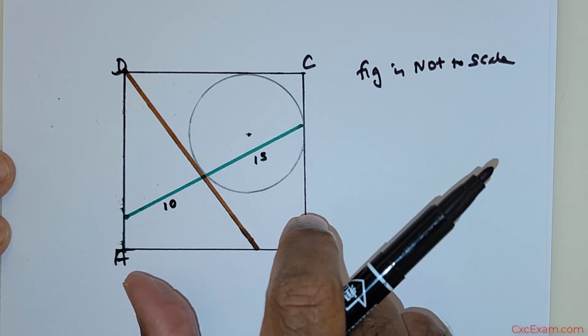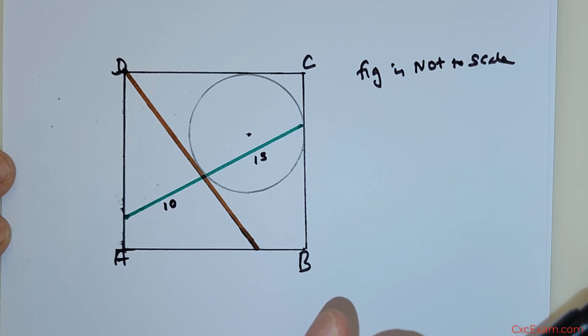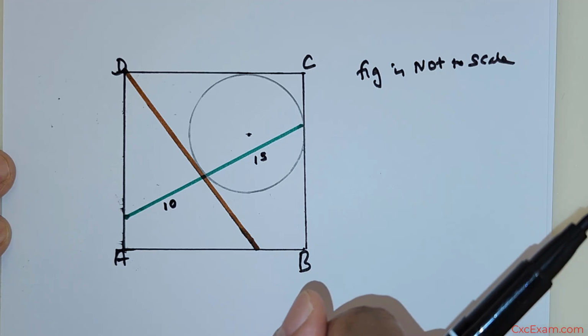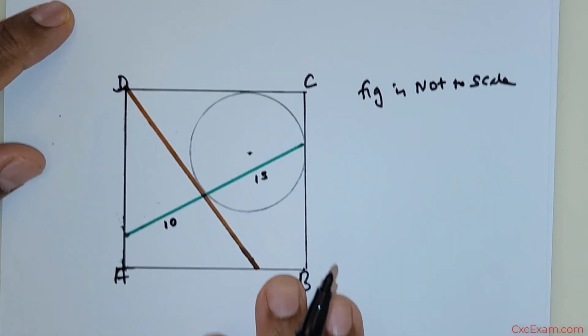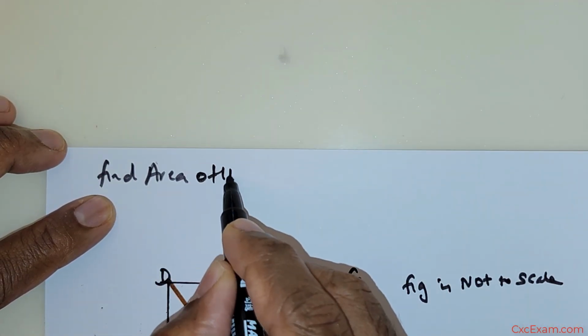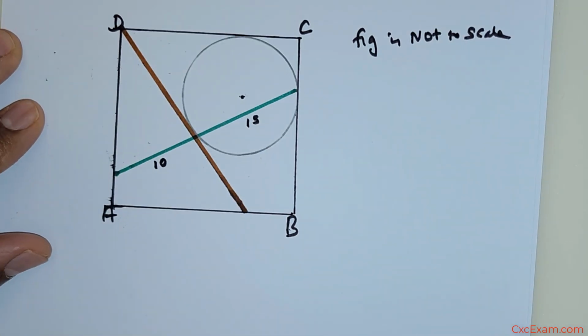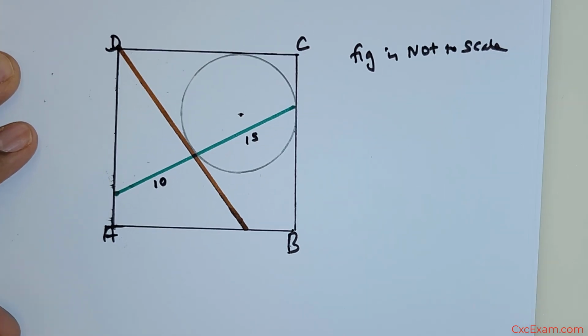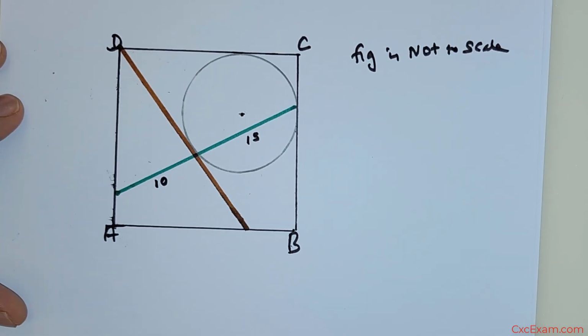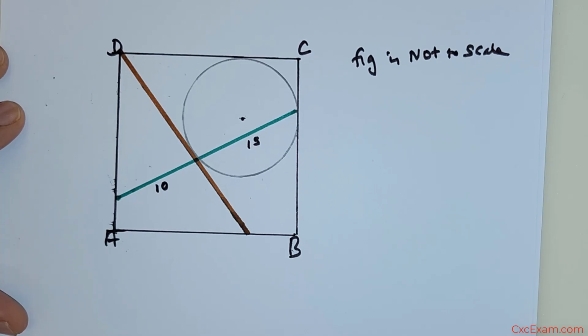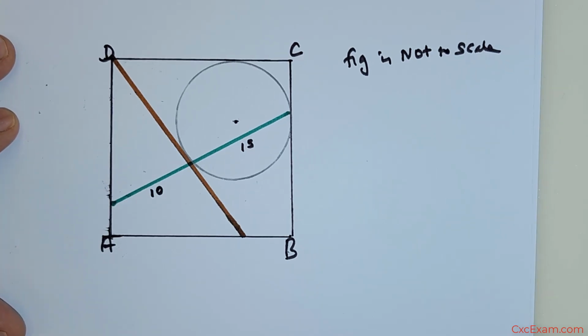So with this being the information, we will have to find the area of the square, right? So foremost, you can pause the question and work the solution out. When we come back, we'll see how to do it.